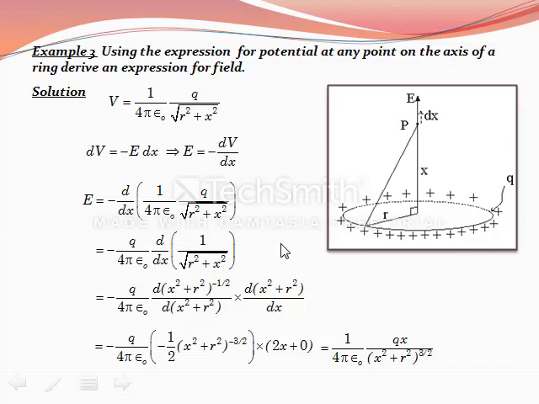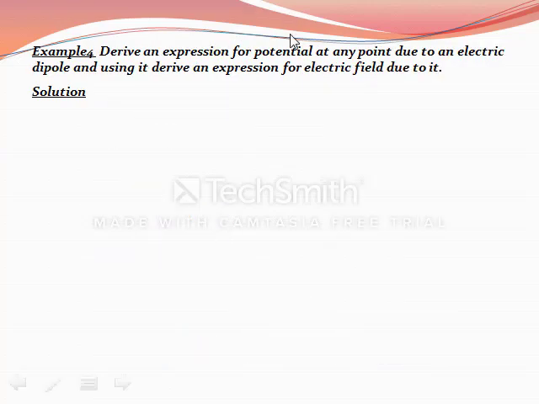Now let's see another example. This is basically a part of theory. Here we have to derive an expression for potential. We'll derive this expression, and then using this expression, we'll try to find out the field at any point due to this dipole.